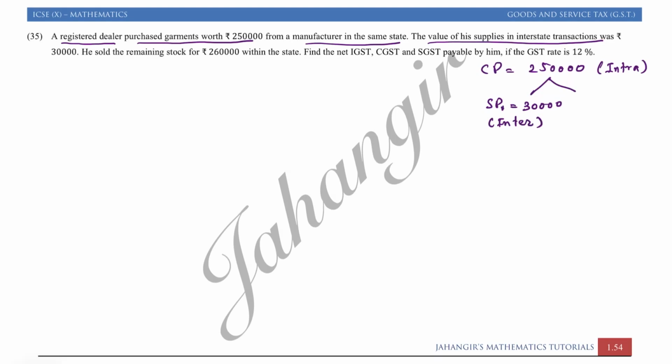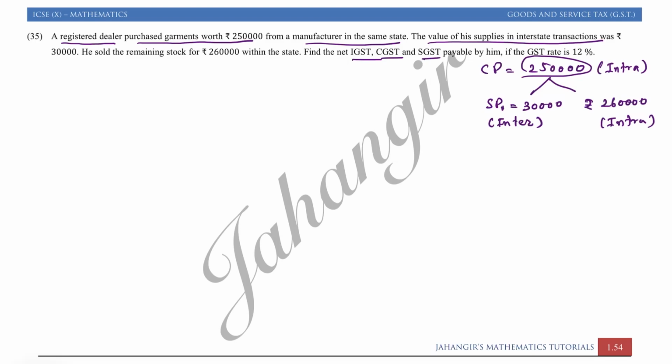And the remaining stock worth rupees 2,60,000 in an intrastate transaction. So goods of 2,50,000 he sold for 2,90,000. Obviously he will sell for a greater amount, because he needs profit. So whatever extra 30 to 40,000 is, that is his profit. We don't care about that, but we have to find what IGST, CGST, SGST is payable by him.